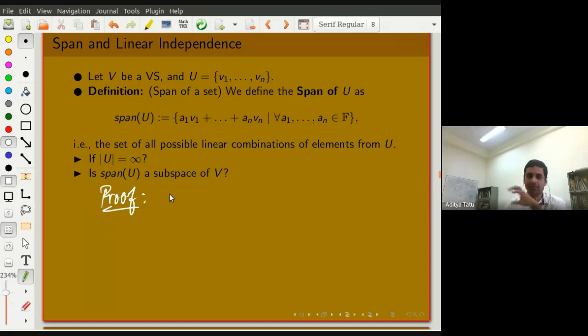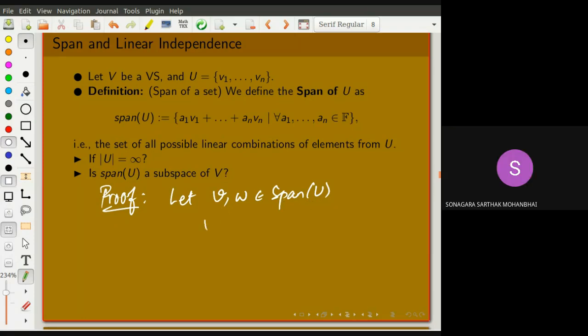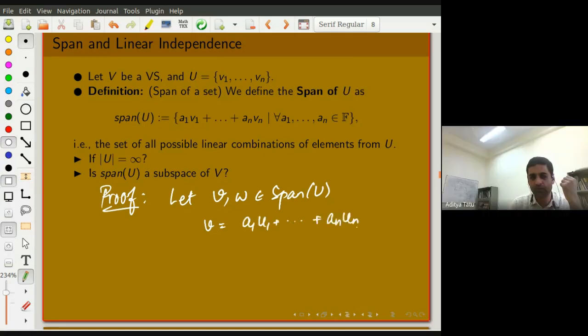So in general, the proof strategy, if you want to prove any set is a subspace, just pick two arbitrary elements, V and W, in span of U. What does it mean for an element to be in the span of some subset U? If U contains elements U1 and U2, then V is equal to A1 U1 plus A2 U2 up to An Un. Yes, exactly, A and UN.